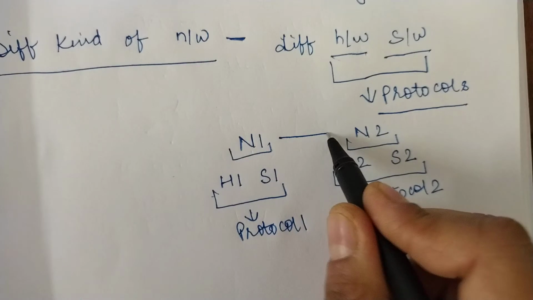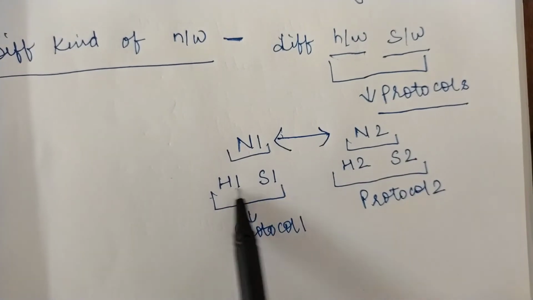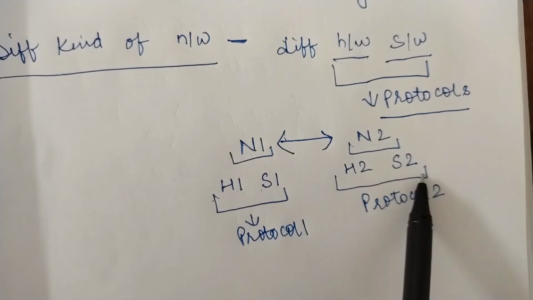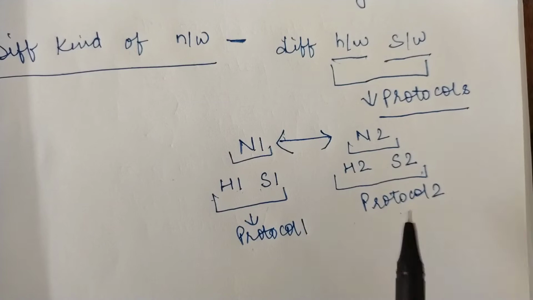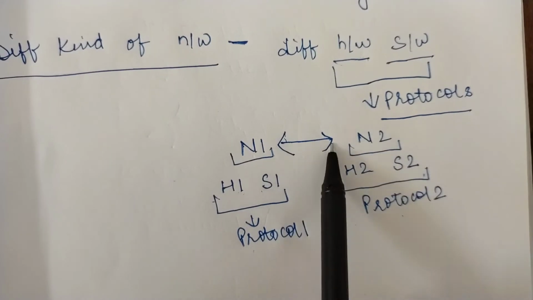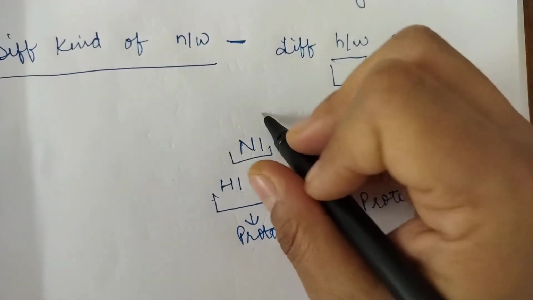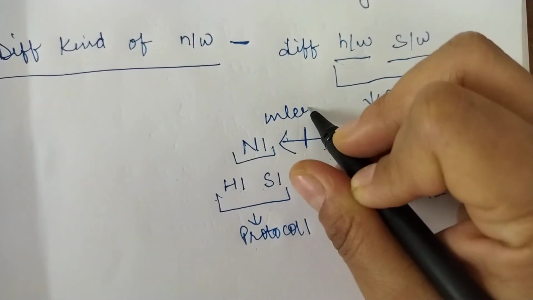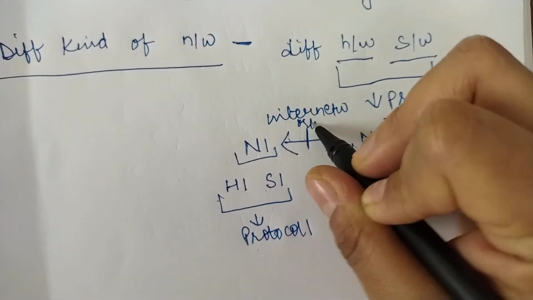So if these two networks want to communicate with each other, they have different hardware and software configurations, and hence different protocols also. Now if these two different networks want to communicate, this communication will be called internetworking.